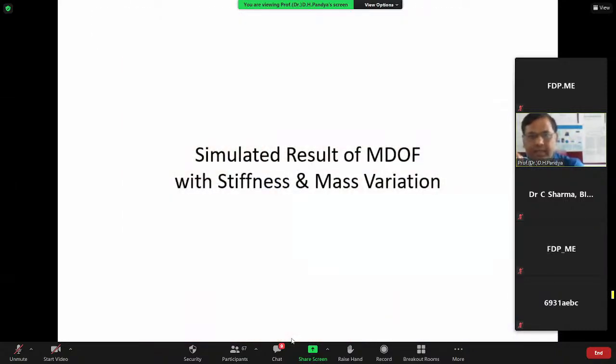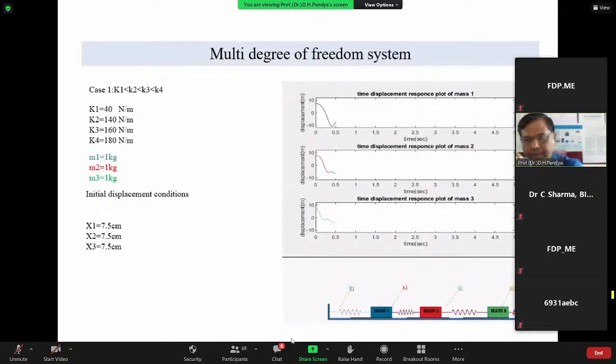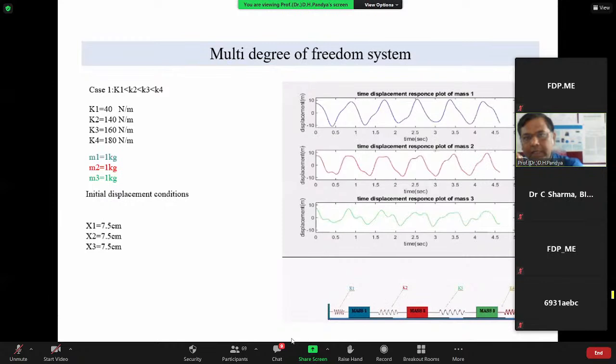when we start with the mathematical modeling, a prerequisite is MATLAB programming, right? All of you are aware of the vibration subject. In that, the simulated result of a multi-degree of freedom system with stiffness and mass variation. As you can see here, my research team has developed the multi-degree of freedom system responses.